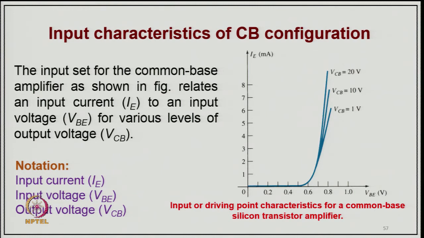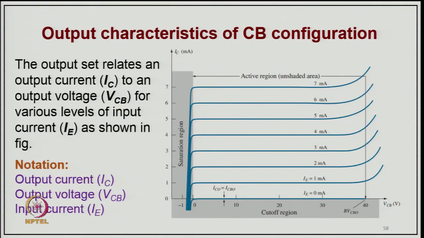So, this is the input voltage, this is the input current, and this is the characteristic between the two, which depends on your VCB, how much the output voltage is. This is the input characteristic between IE and VBE. Of course, it is affected by the voltage biasing of VCB to some extent.